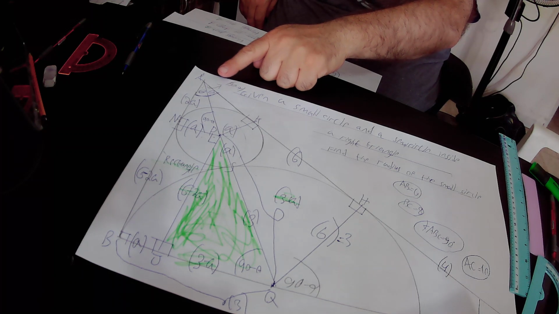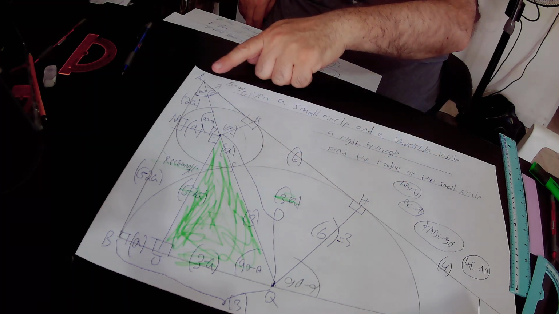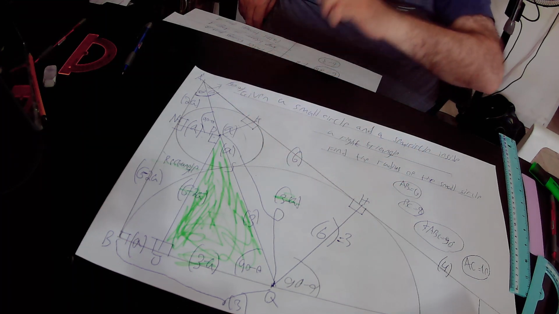So as I mentioned before, if the size of angle A is 2 theta, then QA bisects angle A into 2 halves. Each half equals theta.